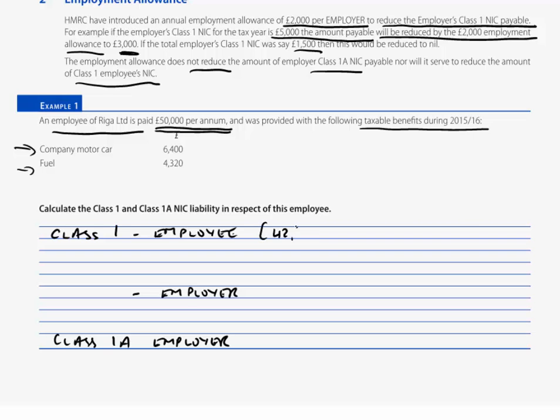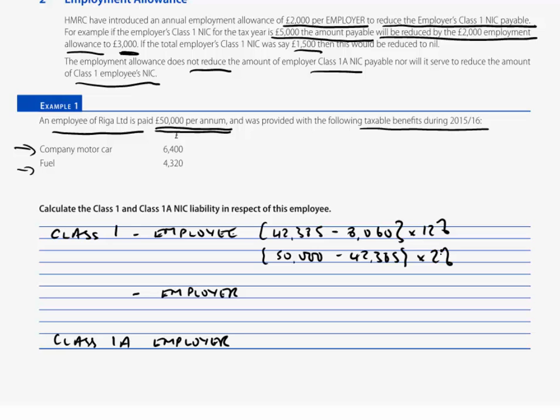So 42,385 minus what was the lower limit, 8,060. All of that, therefore, is then to be taxed at 12%. Above 42,385, well, the salary is 50,000, so 50,000 minus the 42,385, that will be at 2%.